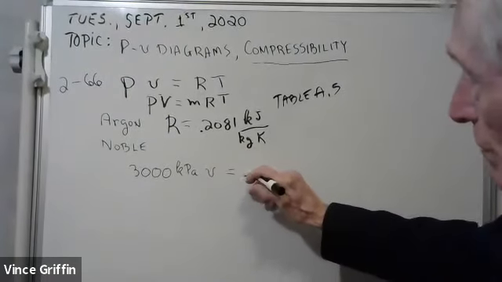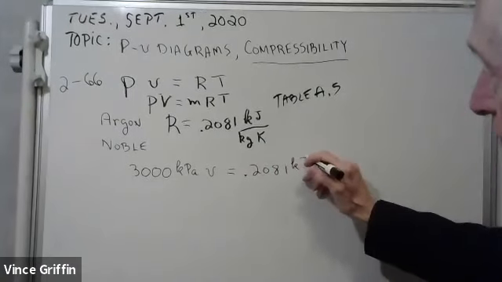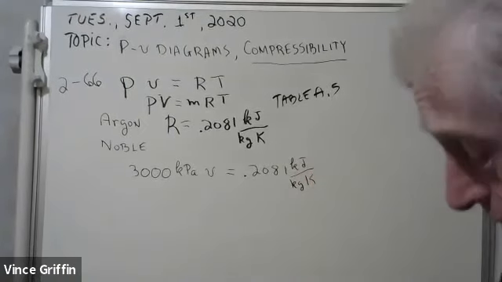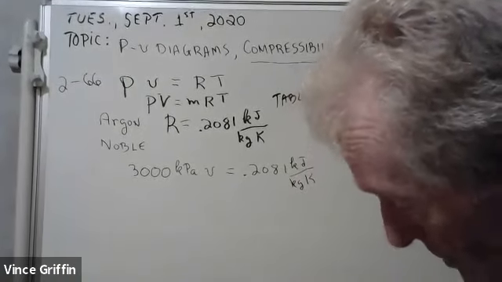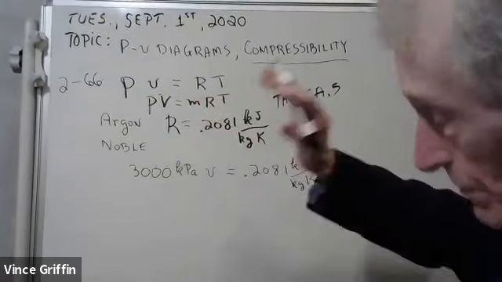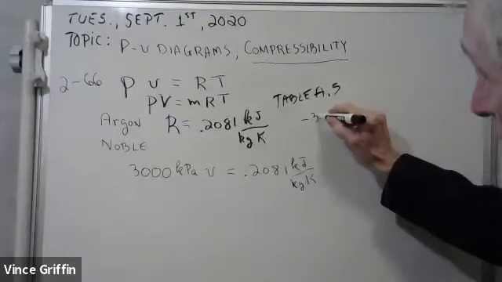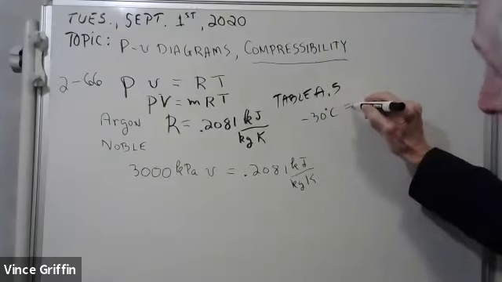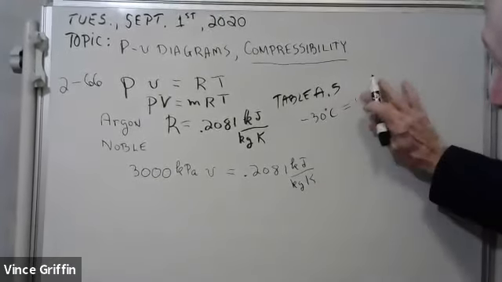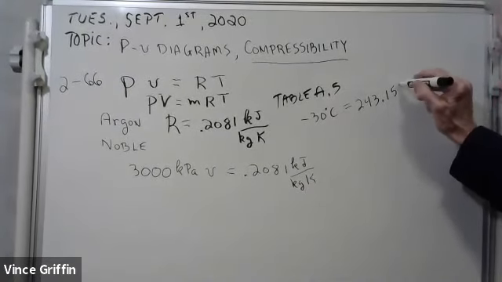We know R for argon. And now here's the catch. The temperature is -30 Celsius, but it's got to be in Kelvin. See, -30 Celsius is equal to 243.15 Kelvin.